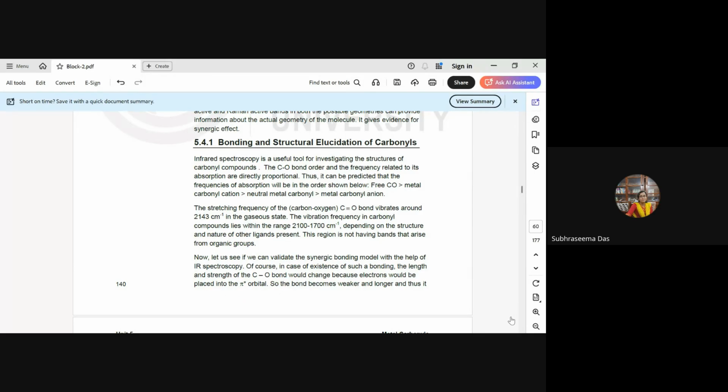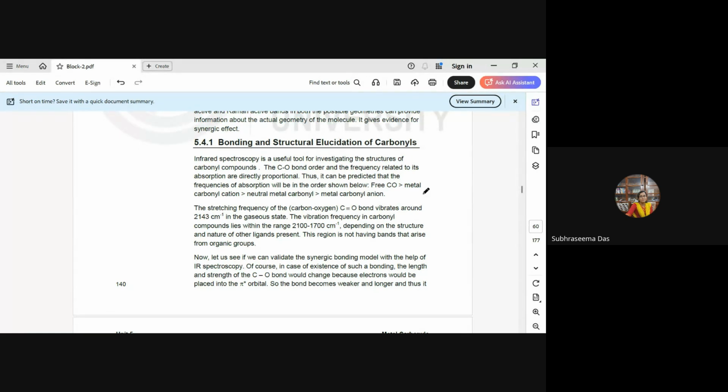Infrared spectroscopy, as I have told before, is a very important tool for understanding the structure of any known compound or any unknown compound. And in this class, we will talk about the importance of FTIR spectroscopy in understanding the structures of carbonyl compounds.